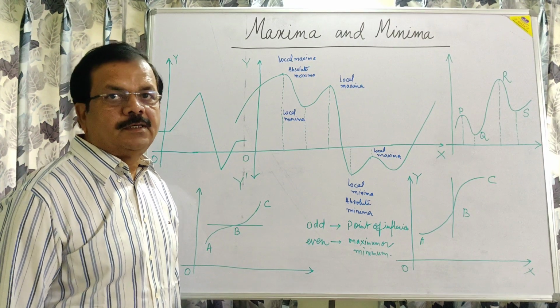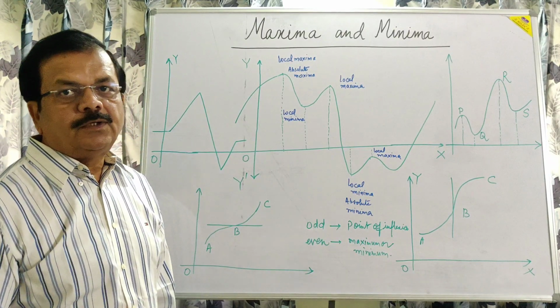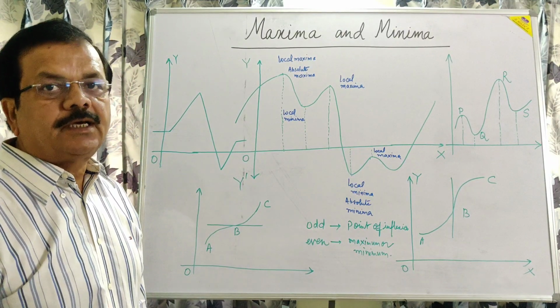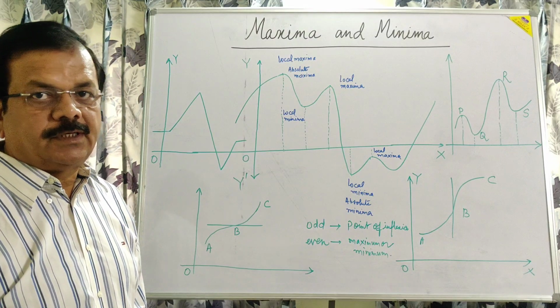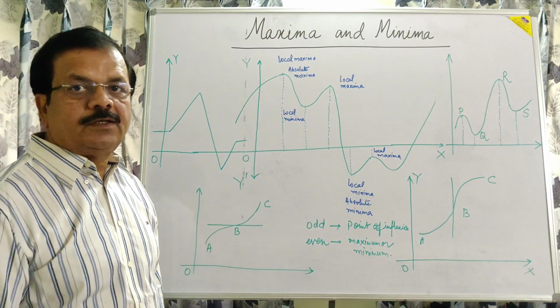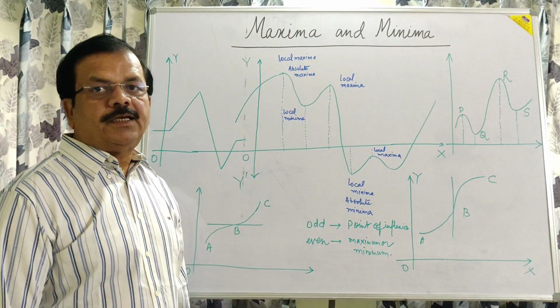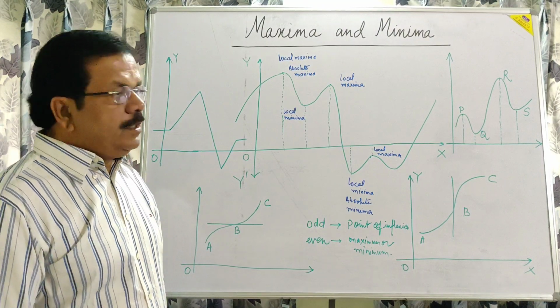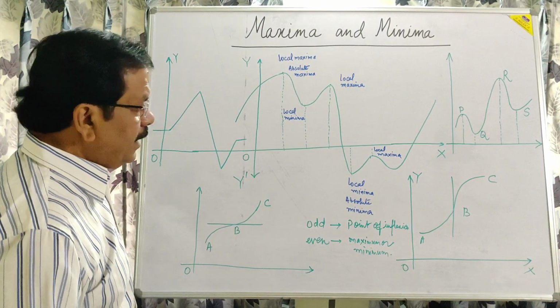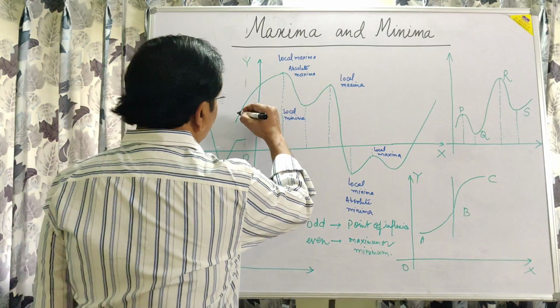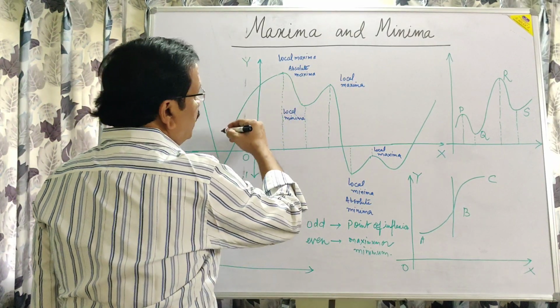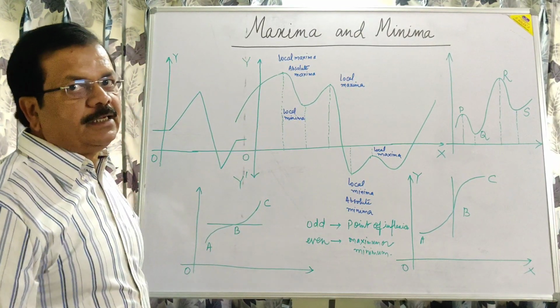Hello students, in the last video we studied monotonic increasing and decreasing functions. Withdrawing your attention from that, you can see here that if a function goes on increasing, that is dy by dx is greater than 0.